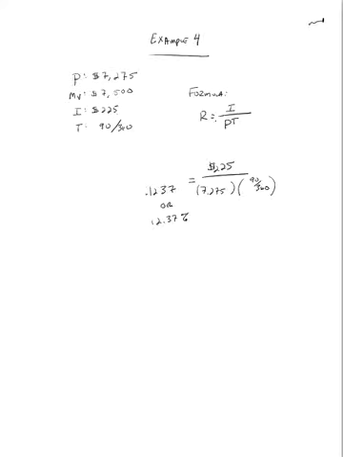So if we were asked the question, what is the discount rate versus the effective rate of interest, our nominal rate would end up being 12%, and our effective rate of interest is 12.37%.